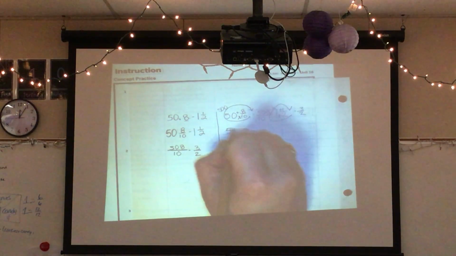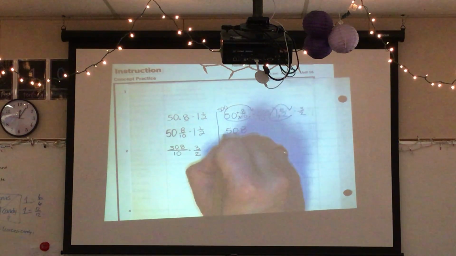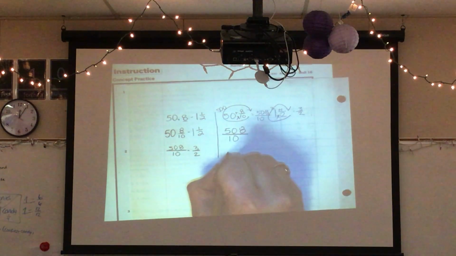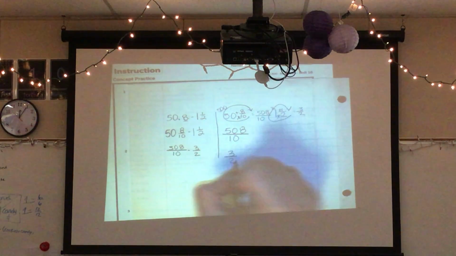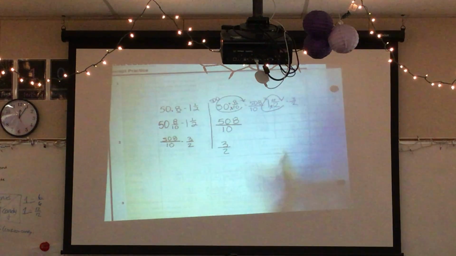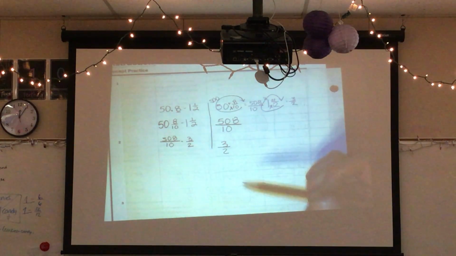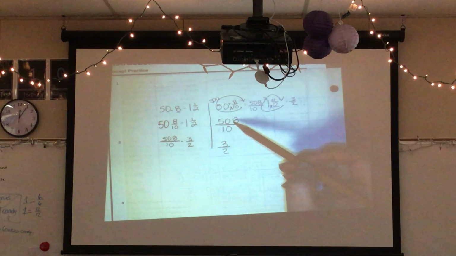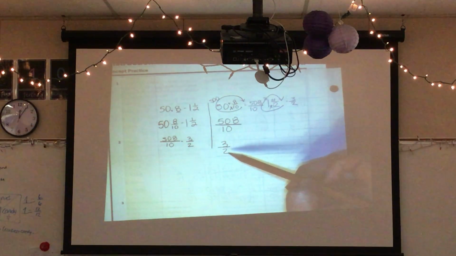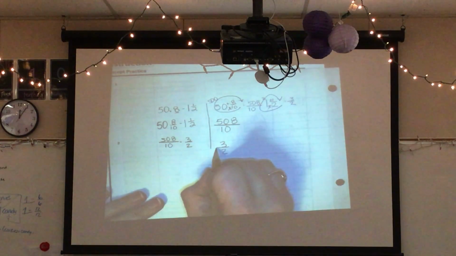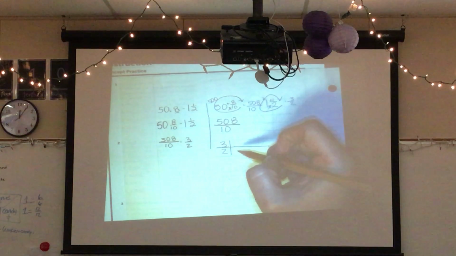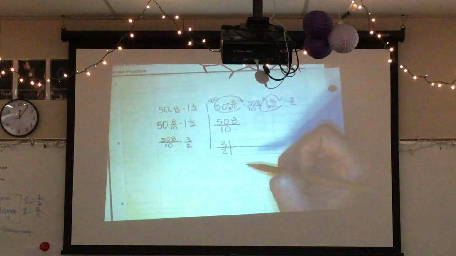Alright, so now can I find common denominators? Yes, you may. I have a really large numerator, don't I? Everyone, listen closely. Since this numerator is so large and this denominator is bigger than this denominator, before I find the multiples, I'm going to extend this denominator to see if I can get it to equal this. Does that make sense?